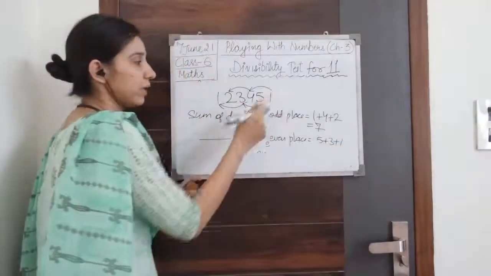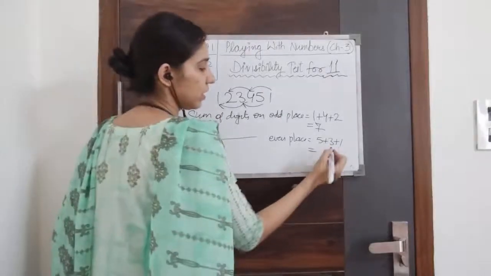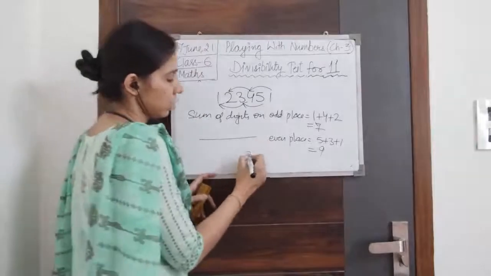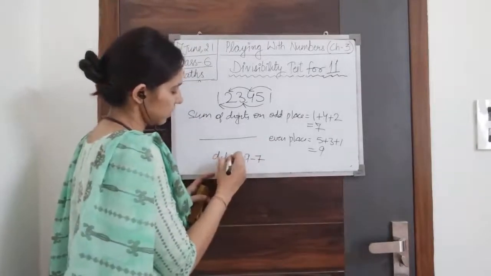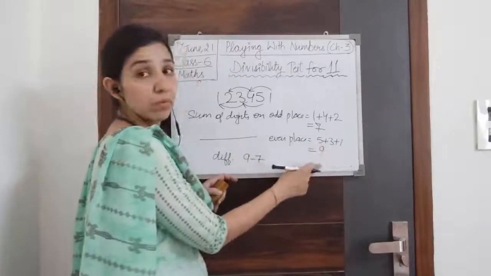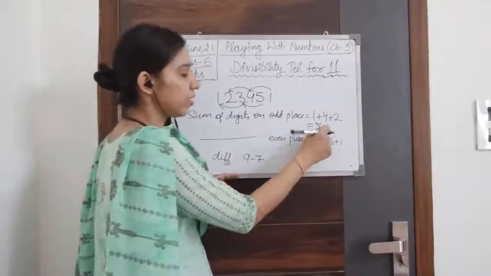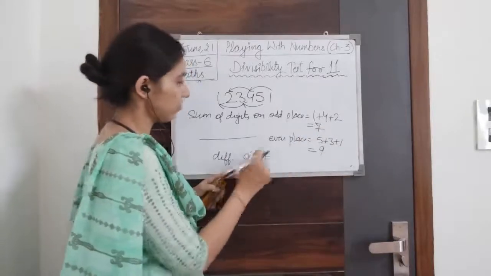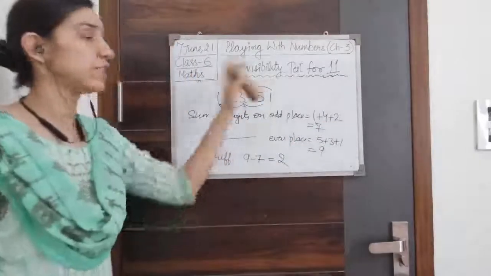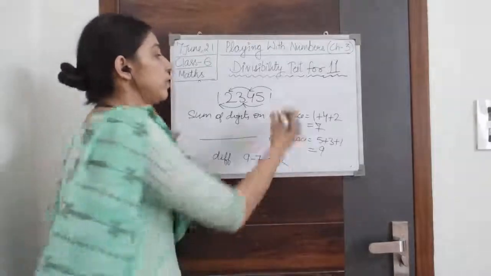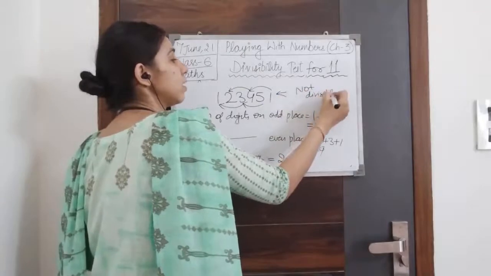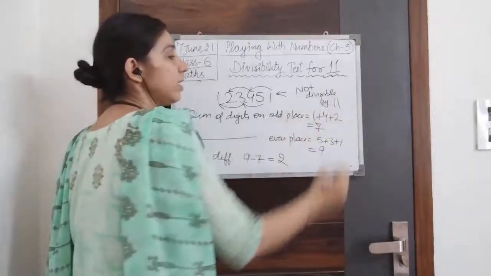We will start from right, not left. 5 + 3 is 8, 8 + 1 is 9. Now difference is 9 - 7. You have to subtract smaller number from bigger number. It doesn't matter यहाँ पर bigger number है या यहाँ पर bigger number है. You will have to just subtract smaller from bigger. Difference is 2. Now 2 is not divisible by 11. So this number is not divisible by 11.